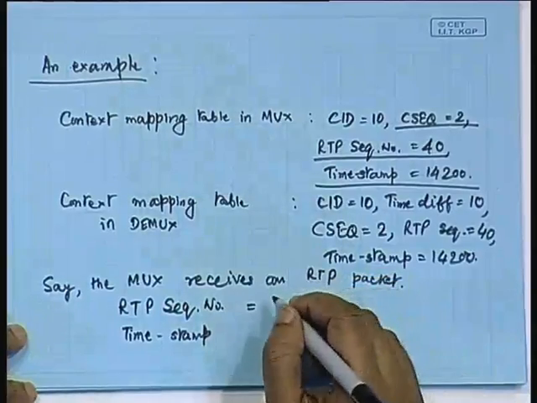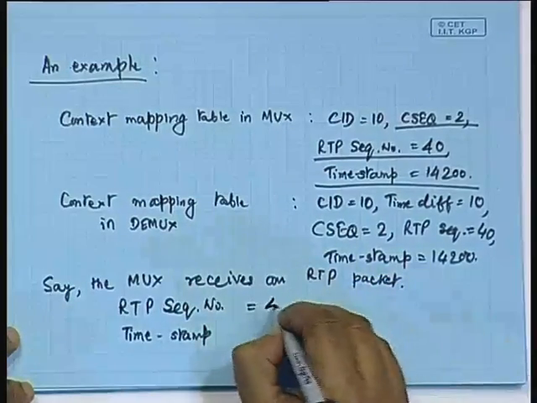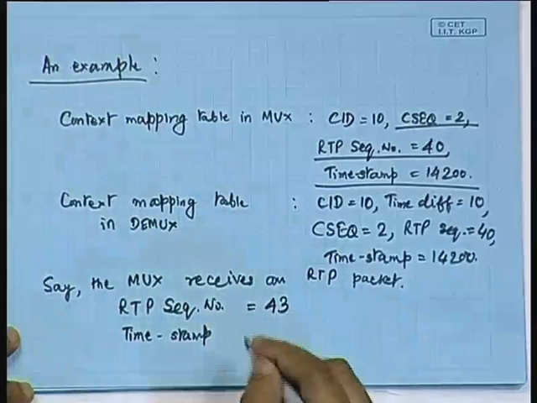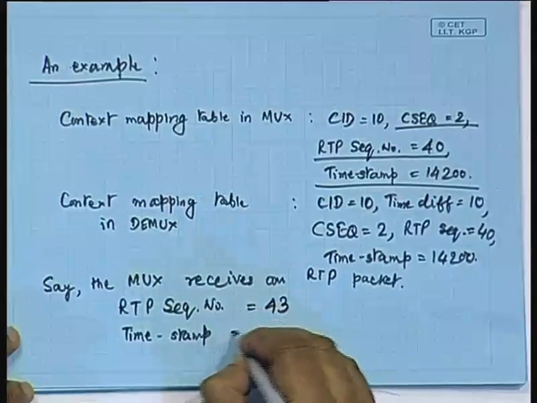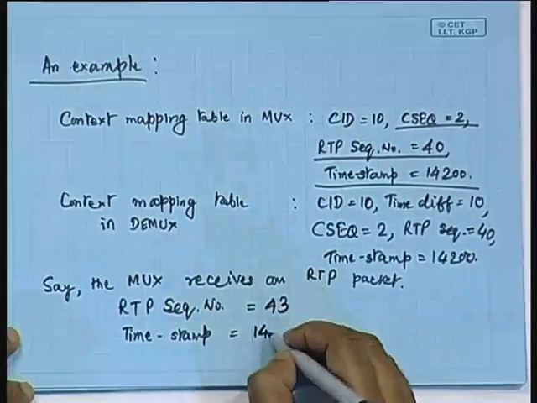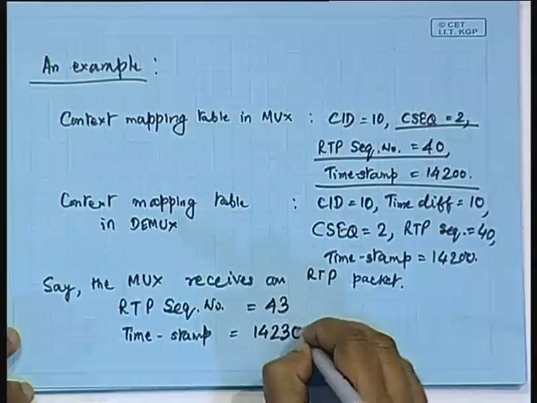Let us say that the particular RTP sequence number the multiplexer has received is 43, and the timestamp it has obtained is 14,230.